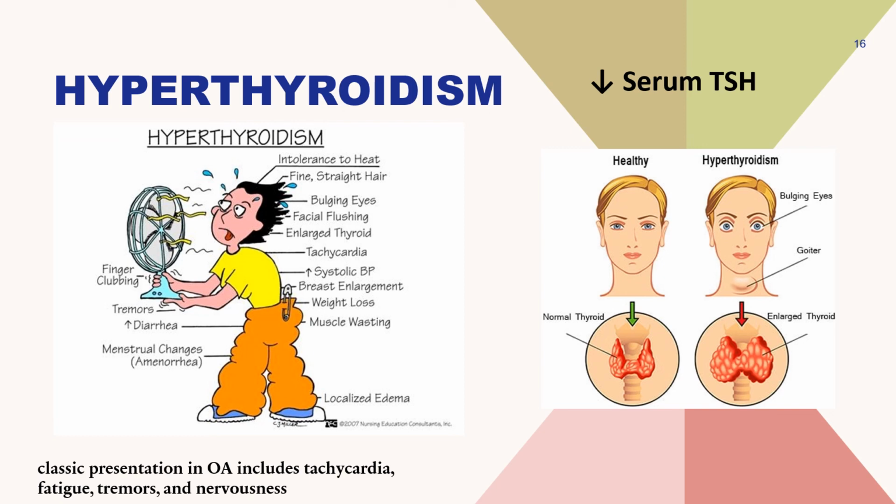You know, these are the people whose eyes are bugging out and they've lost a ton of weight and they're having diarrhea and muscle wasting. So the older adults are tachycardic, they're exhausted, and they're nervous and shaky. An enlarged palpable goiter in the neck is usually present about 60% of the time in older adults with hyperthyroidism.